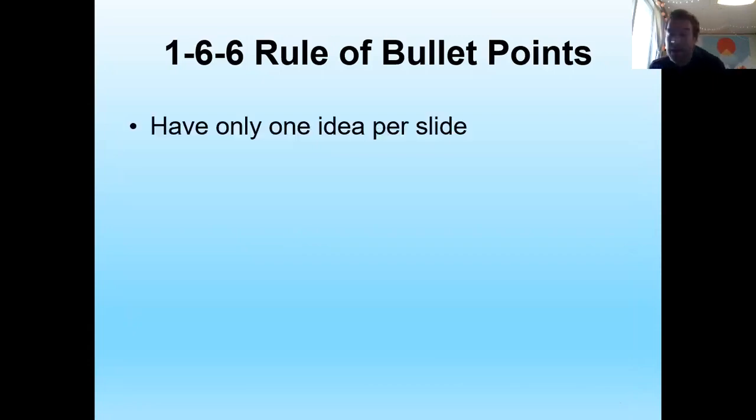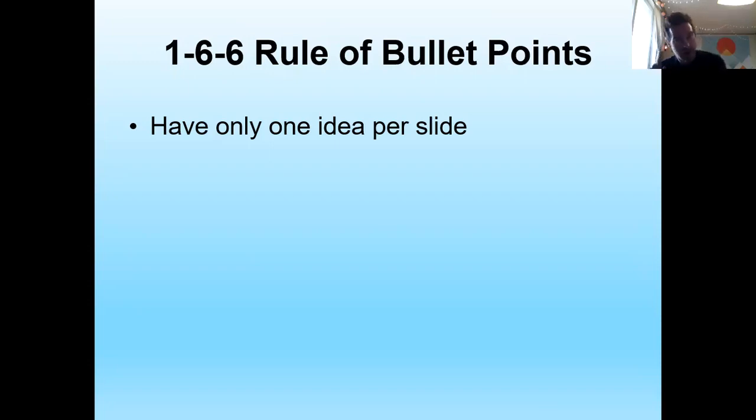The 1 refers to one slide, one idea. Have only one idea per slide. Don't have multiple ideas on your slide. If you have just one idea per slide, it lets the people in the audience look at your slides and really just focus on that one idea, not get confused.